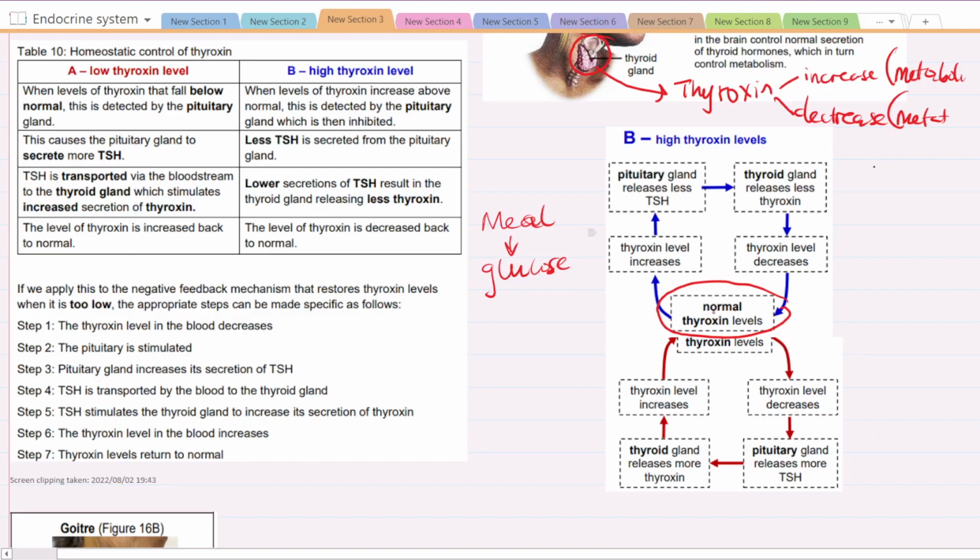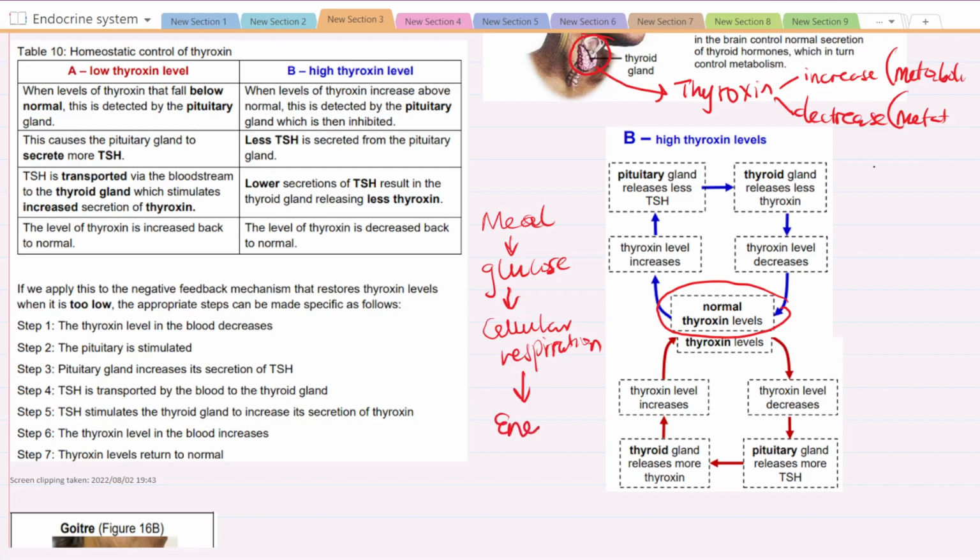Okay, so now if your body requires energy on a normal basis, you would need to process this glucose through what? Cellular respiration. So this glucose must be broken down in the presence of oxygen to do what? To produce energy, right? So the main thing is to produce energy here.